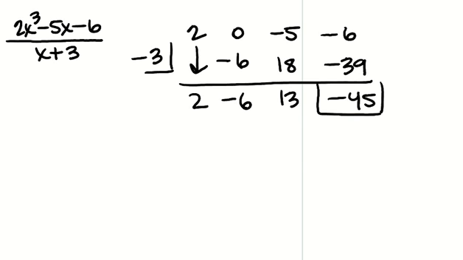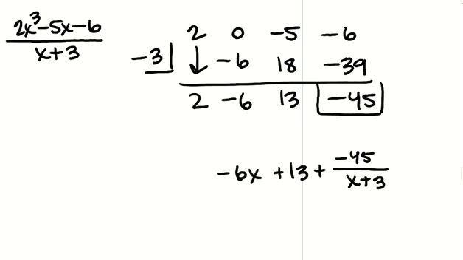So the quotient, start with the remainder term, is negative 45 over x plus 3. You got 13. And then you've got negative 6x. And you've got 2x squared. And that's going to be the quotient.